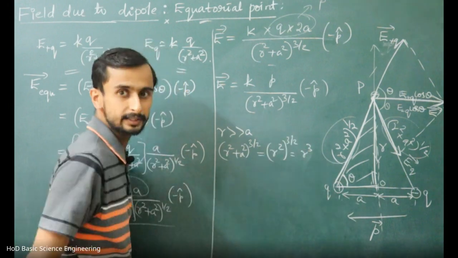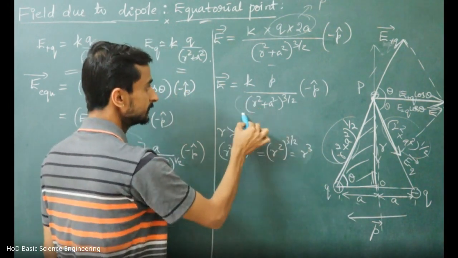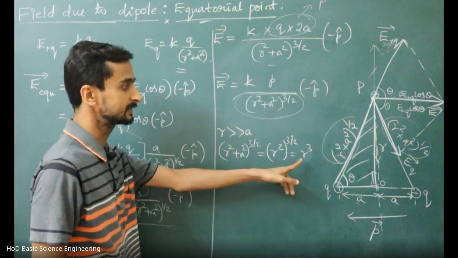Square and square root get cancelled. So in the denominator we can write R cube.